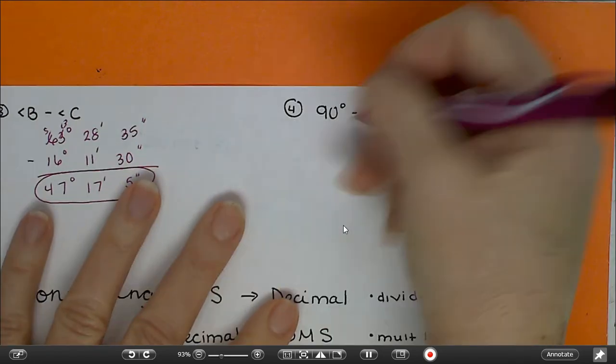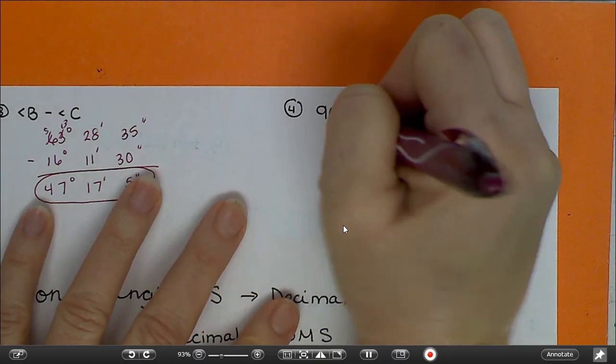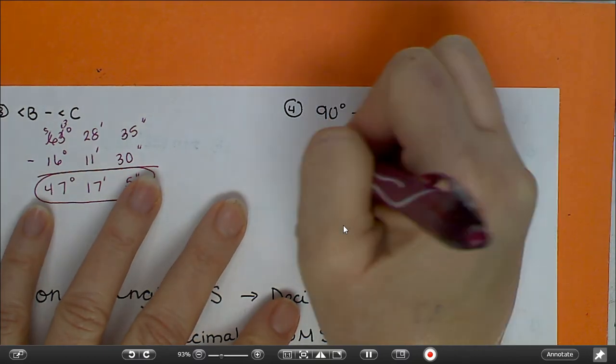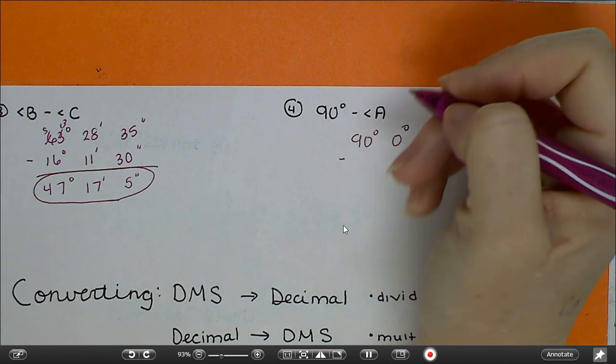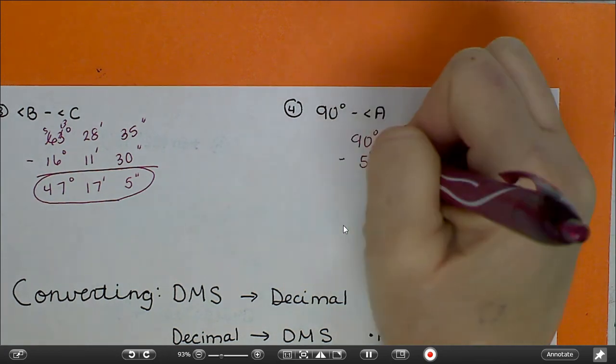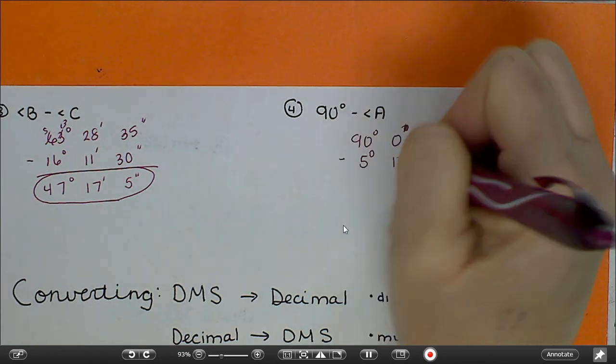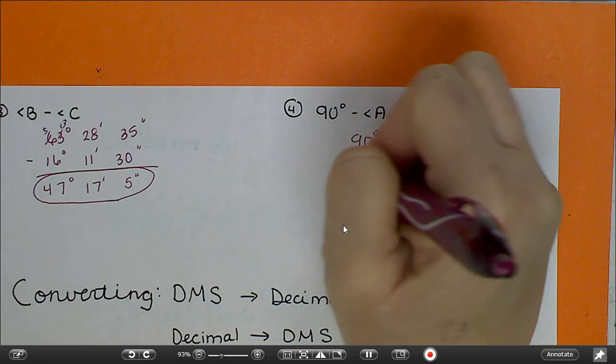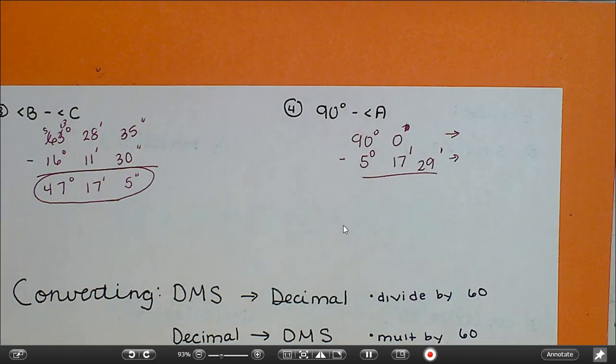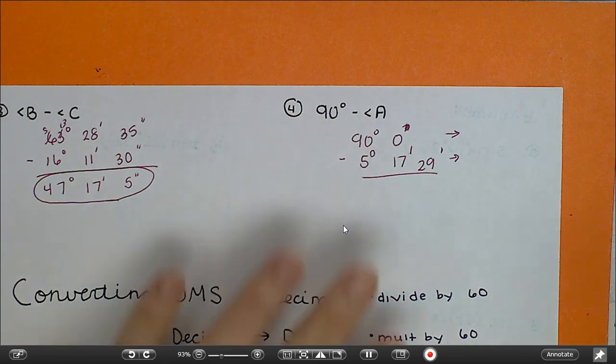Welcome back. Minus A, which was 5 degrees, 7 minutes, 29 seconds. All right, so we're going to change this. It's actually going to get changed twice.